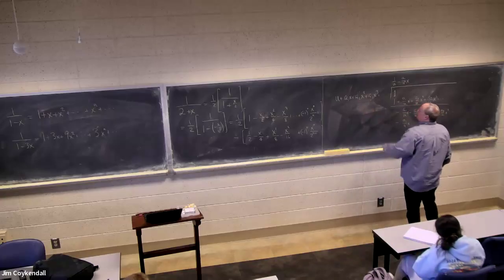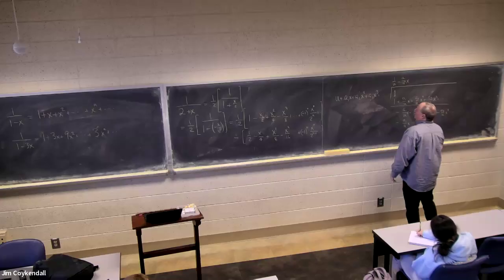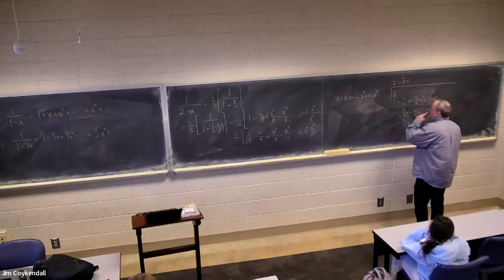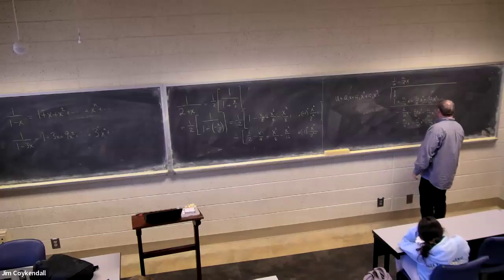Then it's going to be minus a1 squared over u squared x squared. It's going to be minus a1 a2 over u squared x cubed, etc.